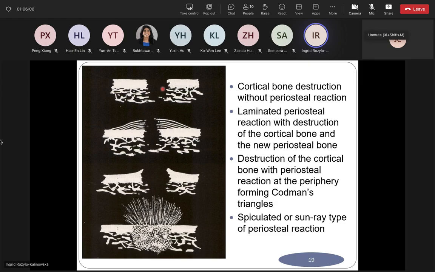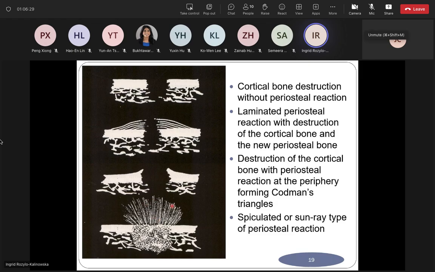And finally, we have two types of periosteal new bone reaction that should be like a red flag for you. One of these is destruction of cortical bone with periosteal reaction at the periphery, forming the so-called Codman triangle.